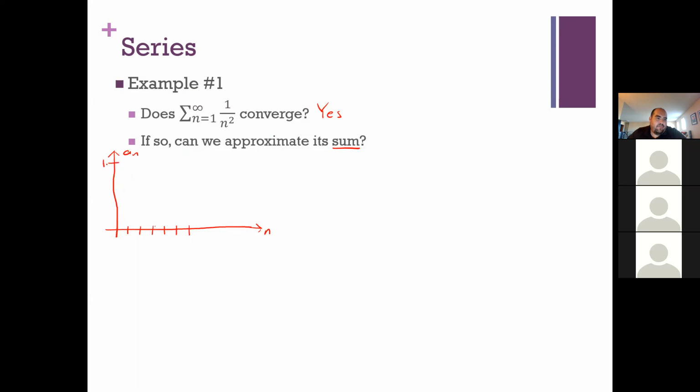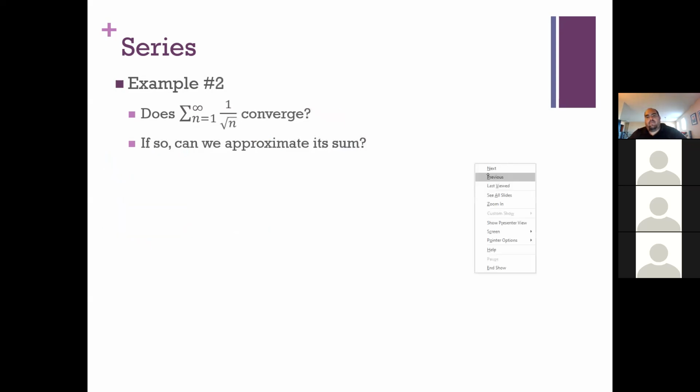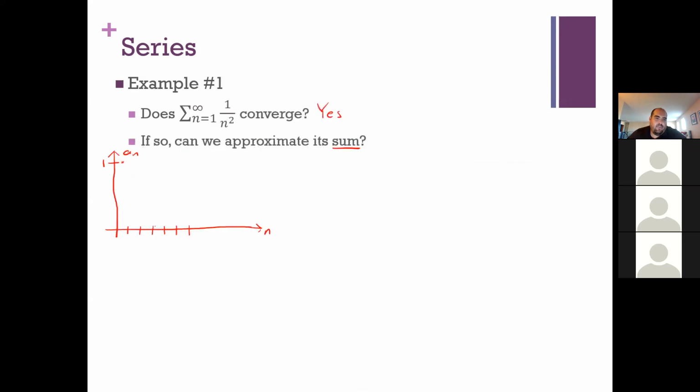The largest term here is going to be the first term. 1 over 1 squared is 1. Then the next term is going to be 1 over 4. So let's put some hash marks in here. Second term is going to be 1/4, then 1/9, then 1/16. Basically, this is going to be cascading downwards.